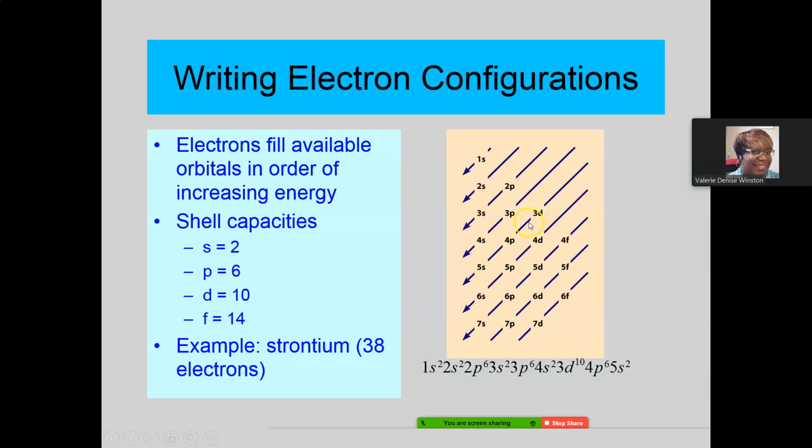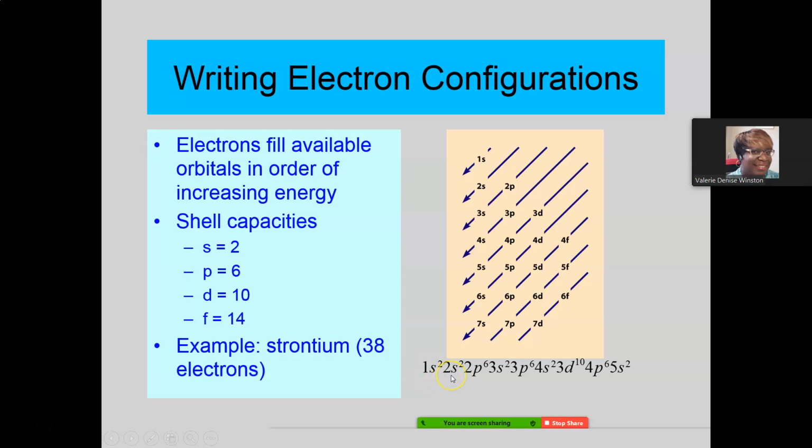Okay, now d would go up to 10, but we don't need them. We only need, you're right, we only need 6 because we're at 20 here. We only need 6 of these. So that will stop at 3d6, not 3d10 like you see down here.